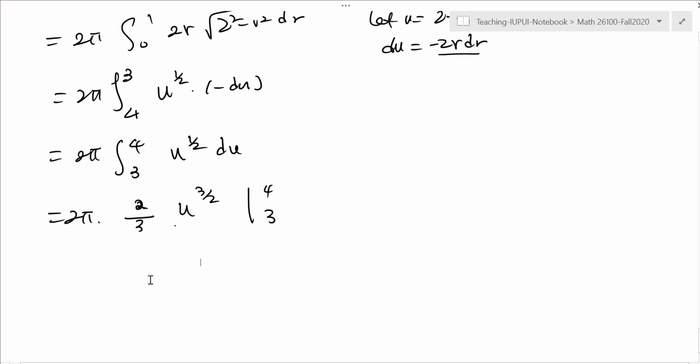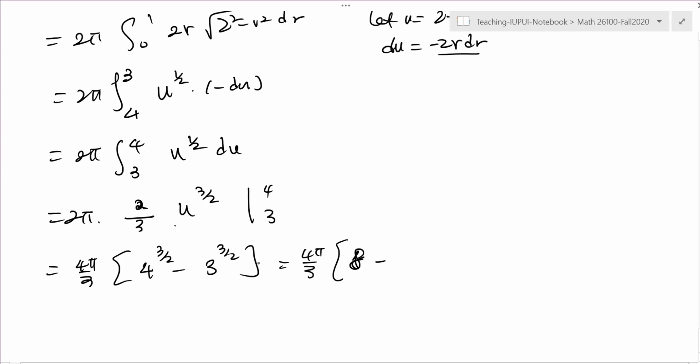Then 2 times 2 is 4 pi, times 4 to the 3/2 minus 3 to the 3/2. You don't need to simplify; this is already a simplified version. A little simplification: 4 to the 3/2 is 8. So this is the answer.